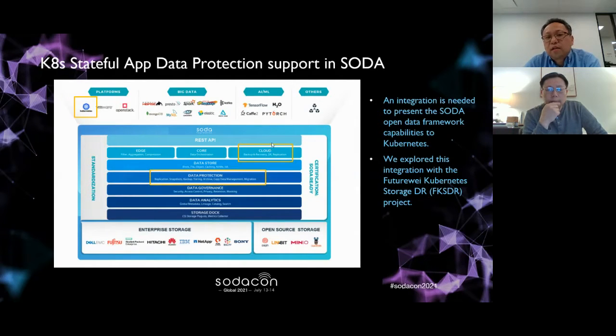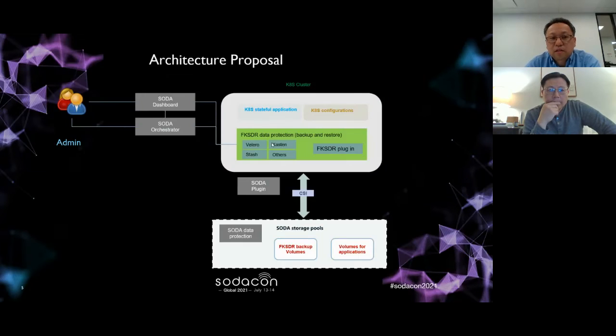And SODA can also control clouds, as you've seen in the presentation today. So the idea is whether we can glue all these things together in the SODA open data framework and provide an open solution. So we explored this integration with the FKSDR project.